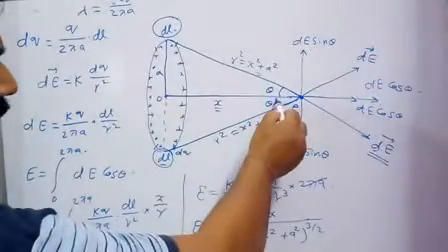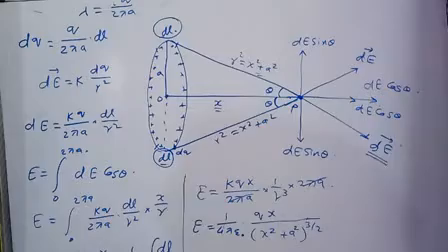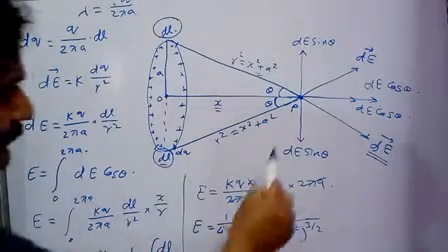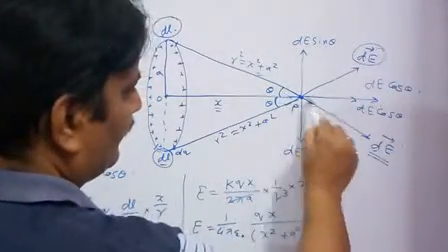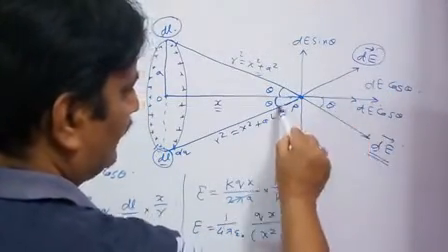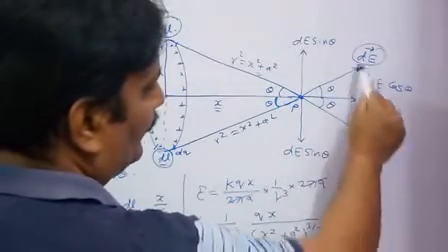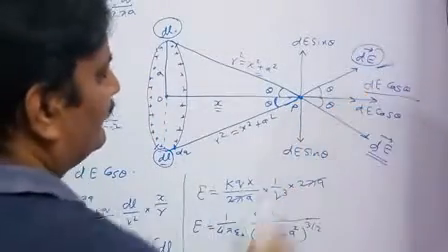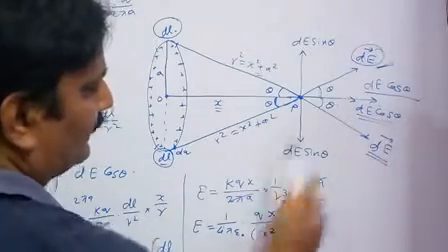Now this angle is theta, so what is the value of components of the electric field? Horizontal component of vector dE, if this angle is theta, and vertically opposite angle theta, so horizontal component of dE is dE cos theta for this electric field, and again dE cos theta for this electric field.